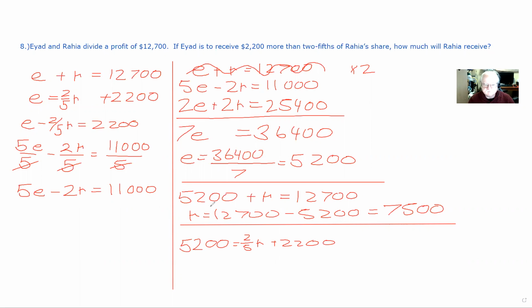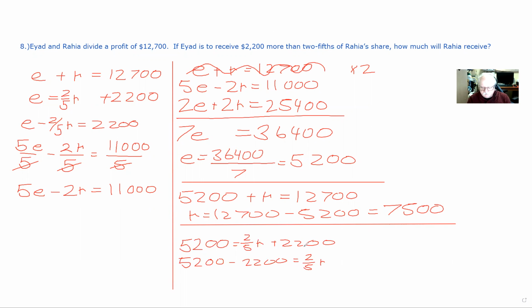So the 2,200 has to leap over. 5,200 minus 2,200 equals 2 over 5R.